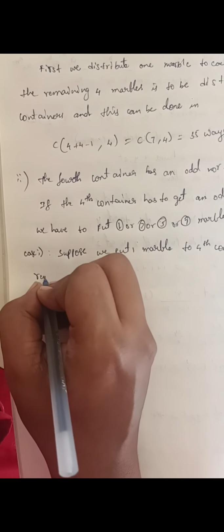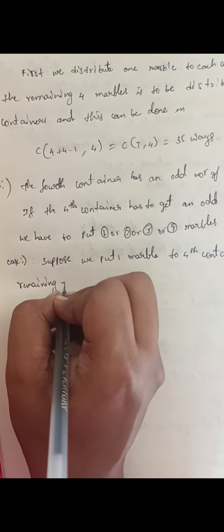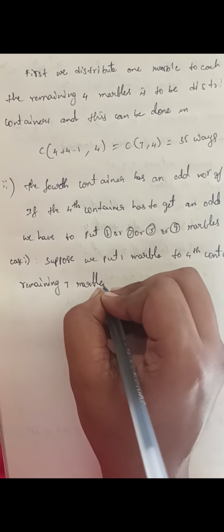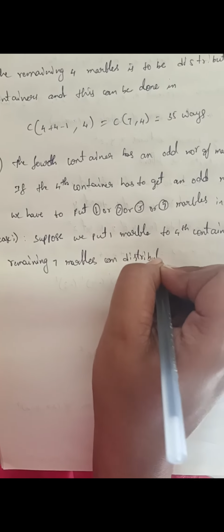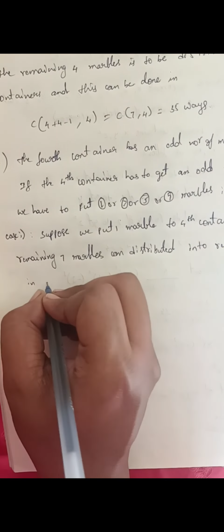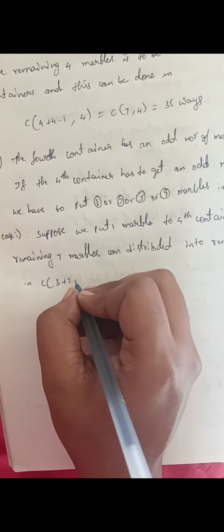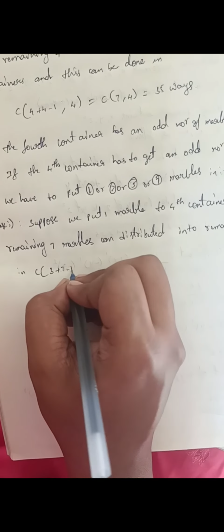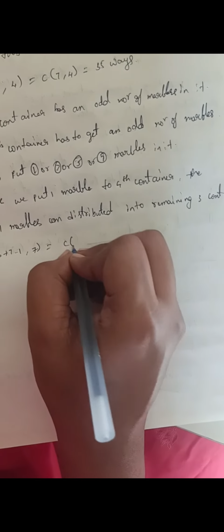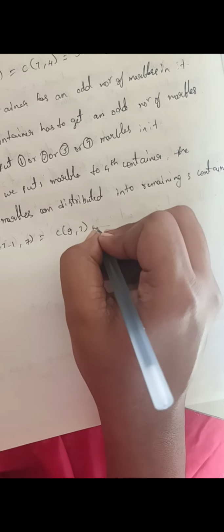The remaining 7 marbles are again distributed into the remaining 3 containers in C(3 plus 7 minus 1, 7), which is C(9,7) ways.